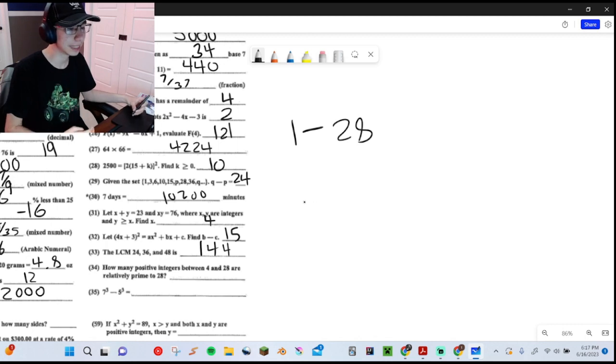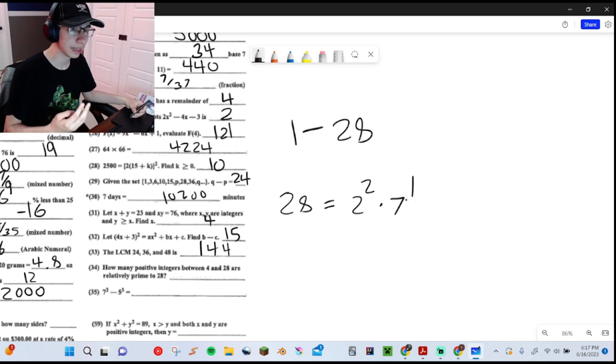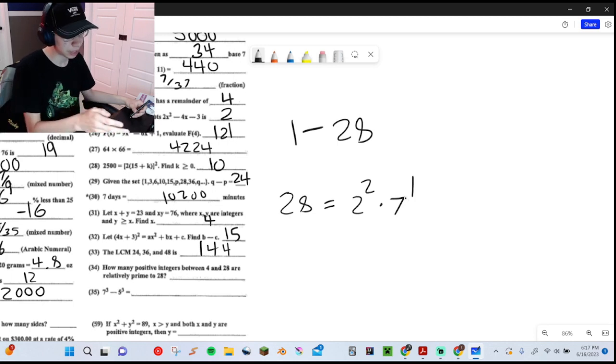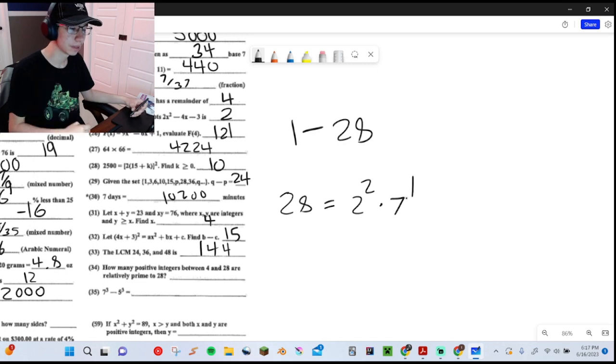The way I do that is I'll get the prime factorization of 28, which is going to be 2 squared times 7 to the first. Then I see what prime factors I have. I have a 2 and I have a 7. And here's the trick.